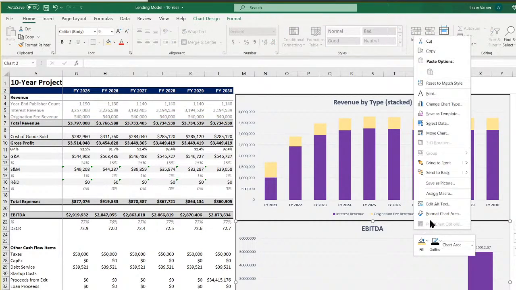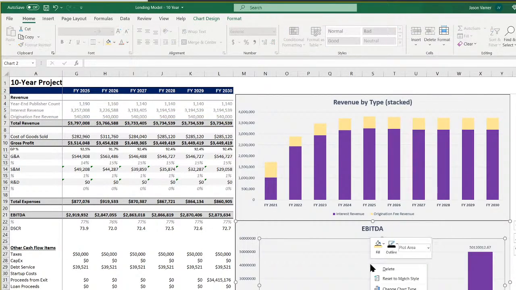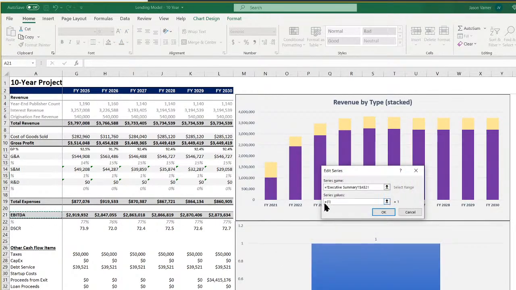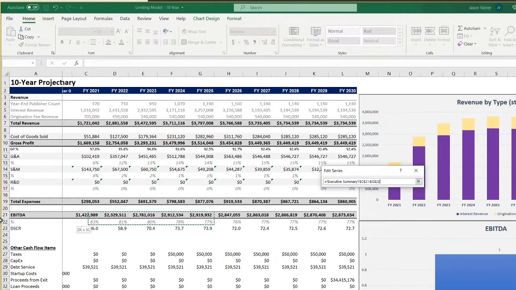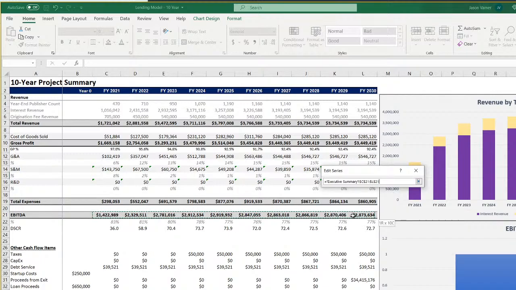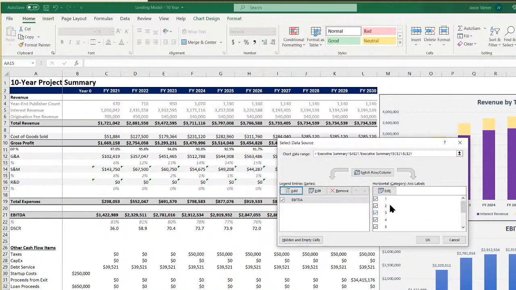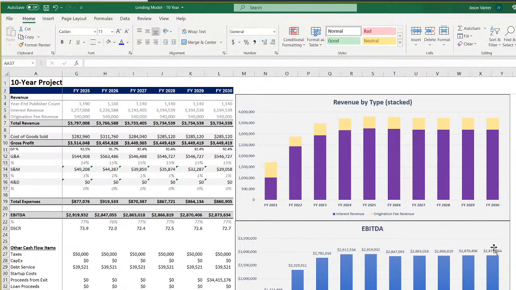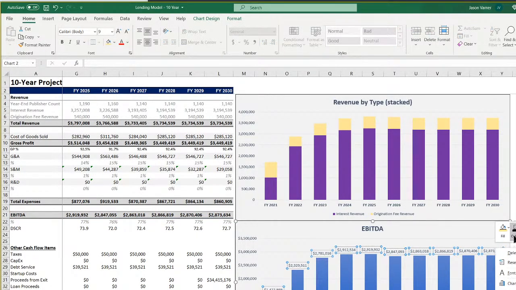EBITDA is definitely just straightforward, and we'll keep that calculation, but let me change the data. So EBITDA is when you actually, what's your actual operating profit? And I mean, I guess we could keep the label since it fits.